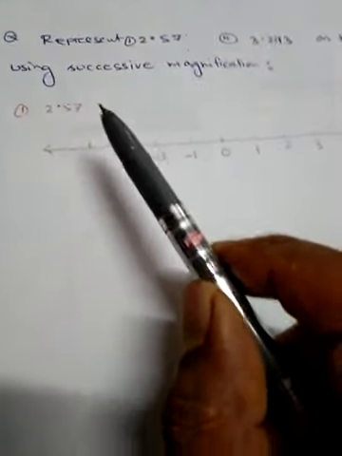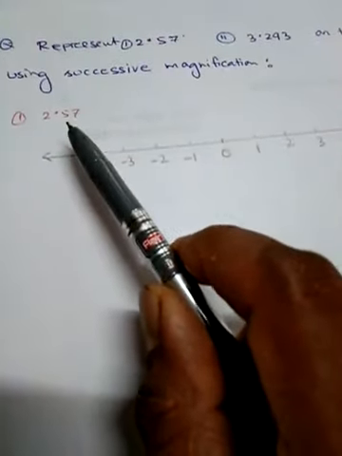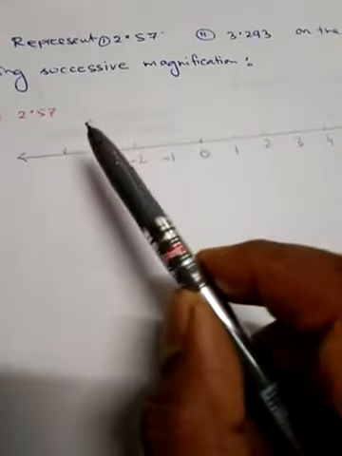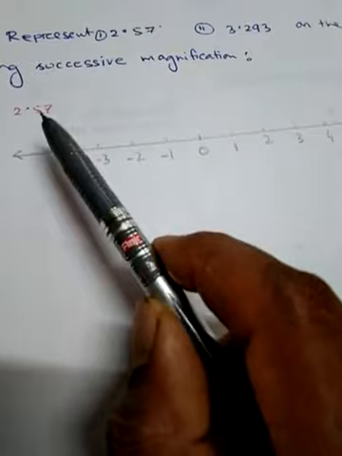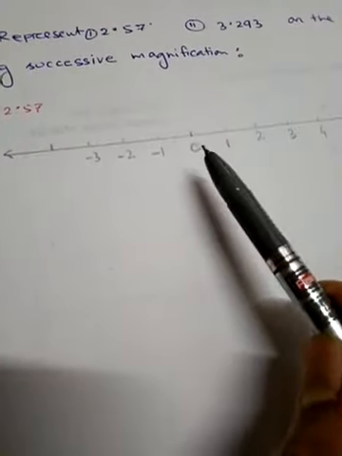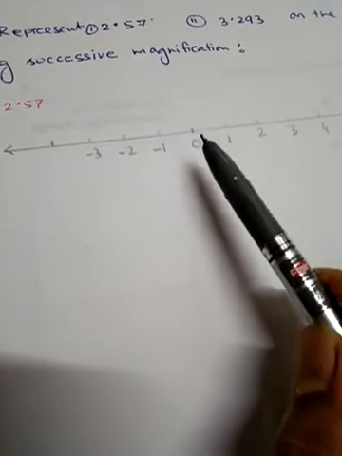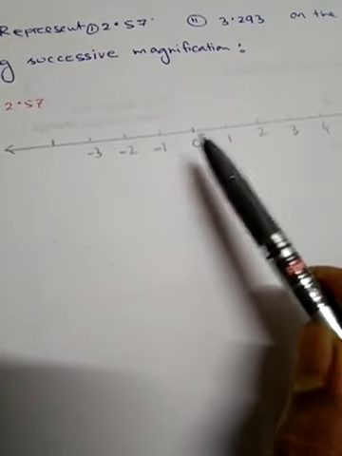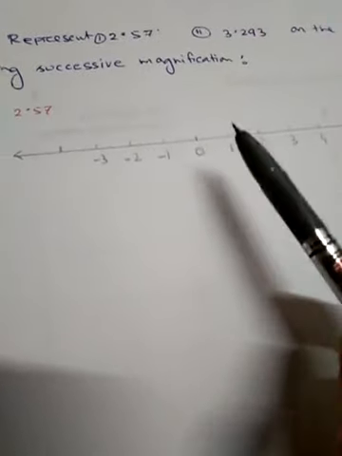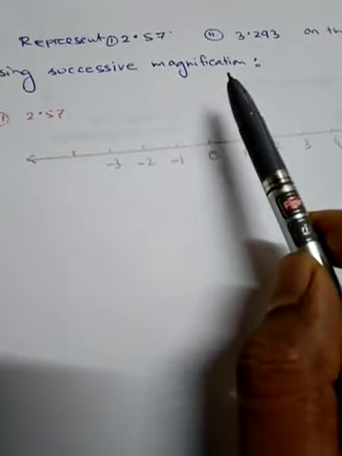So students, we can see that to represent 2.57 on a number line is not possible directly, because if we need to represent 2.57 on the same line, then between each number we would have to make 100 divisions, which is not possible here. That is why we use successive magnification.